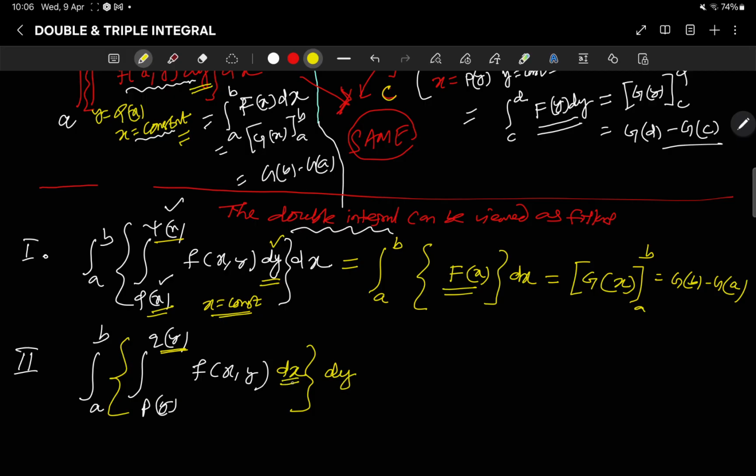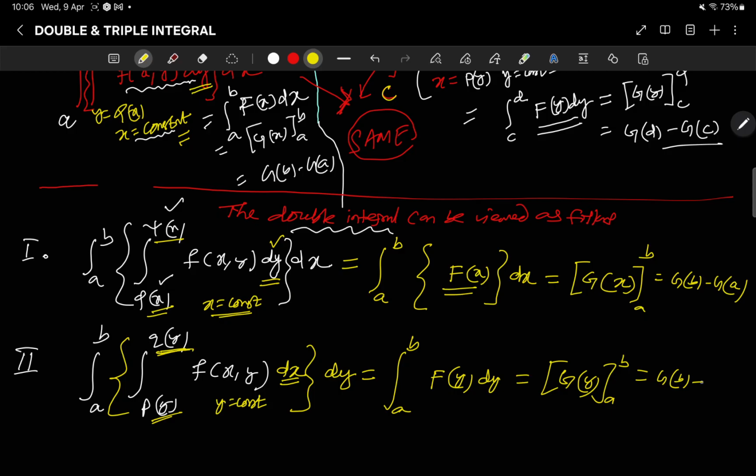Here, integrating with respect to x, the other variable y is constant. If we evaluate this integral, it is a function of y only, because we are substituting p of y and q of y here, and we integrate with respect to y. Suppose this integral is G of y from a to b. So this is G of b minus G of a.